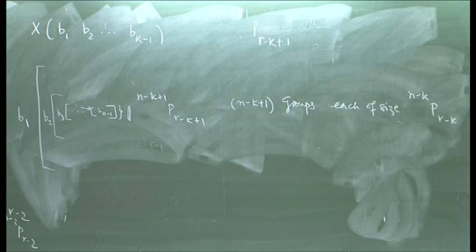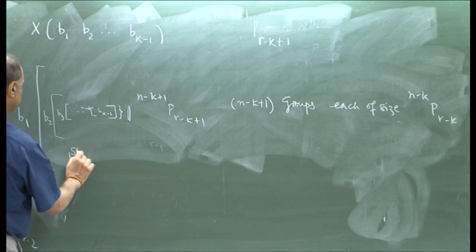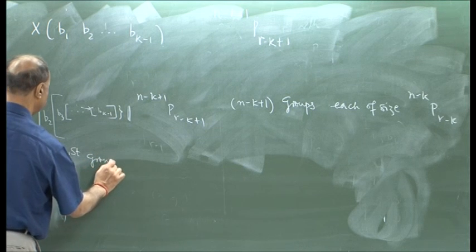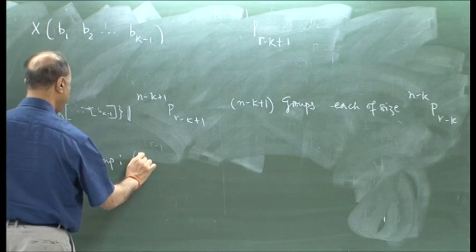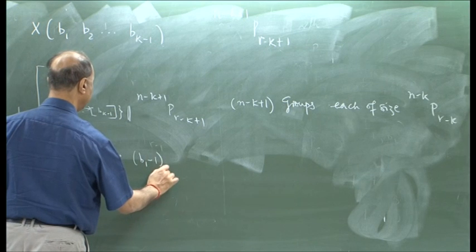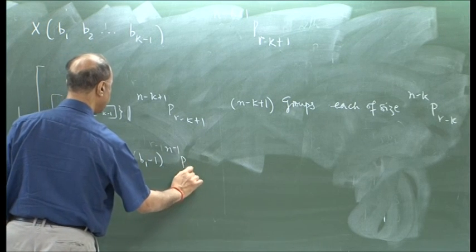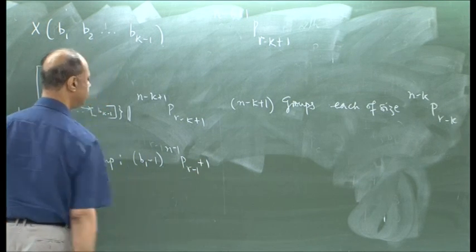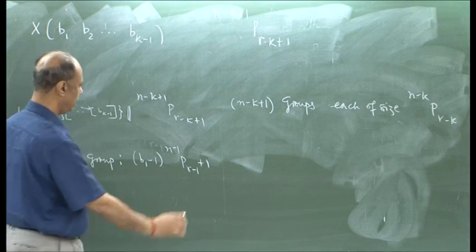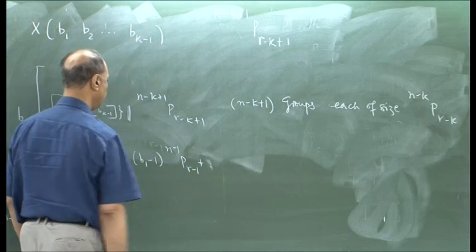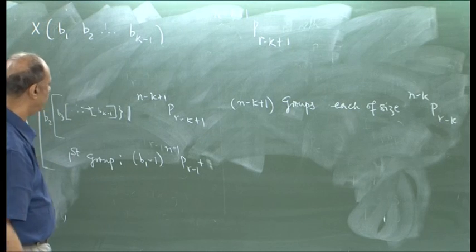What is the starting index of first group? So, first group starting index: B1 minus 1, N minus 1, Pr minus 1 plus 1. Sorry, plus 1 will come later on. So up to this is over.